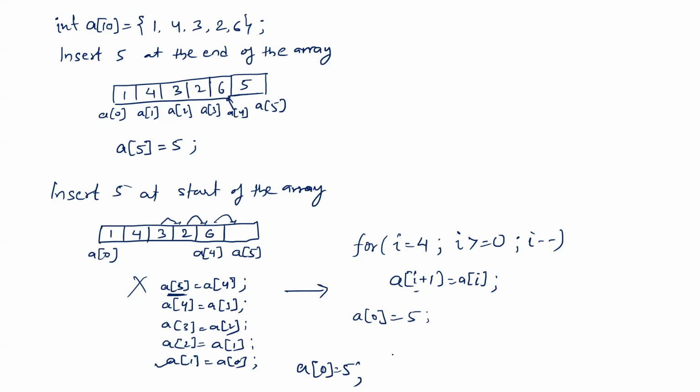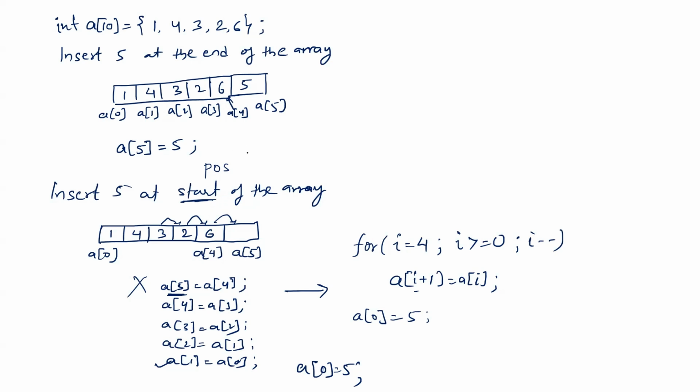Now, let's suppose you want to insert the number at any position. Any position means instead of start, I will say insert the number at the position POS, or we can say index. So, we have to insert the number by index now.